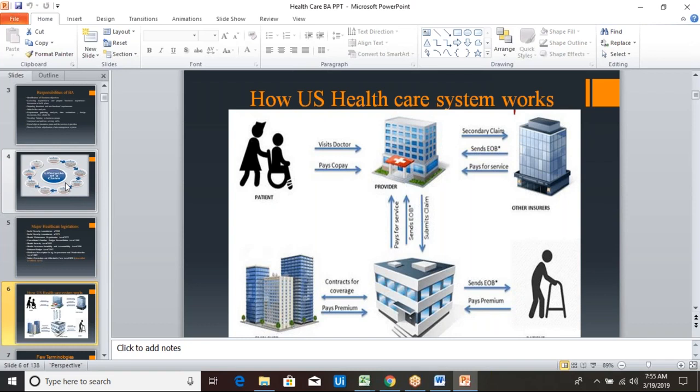Usually the time we say is 45 days, but claim processing takes 60 to 90 days. Three months, 90 days, is the time taken for us to complete the total process.